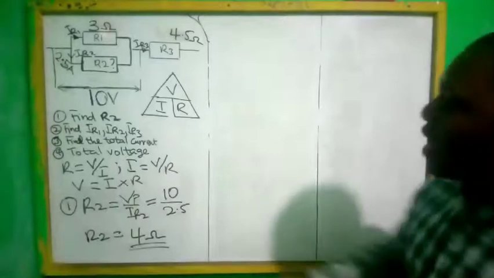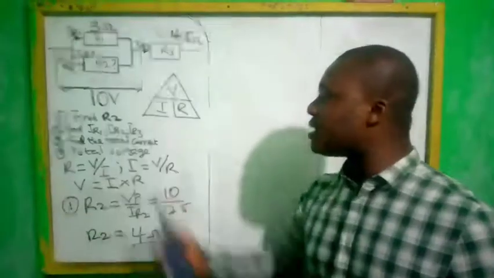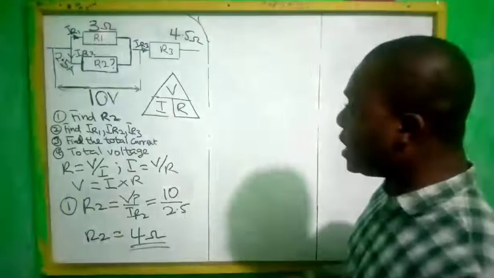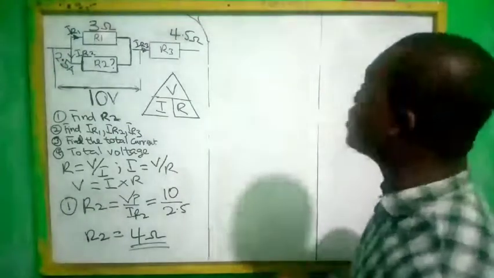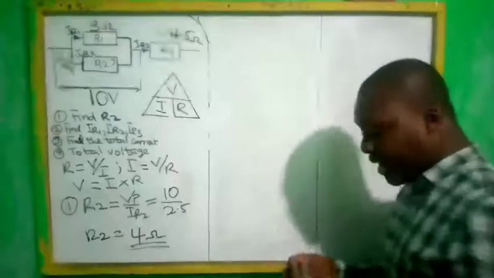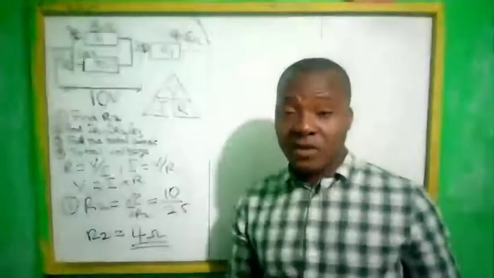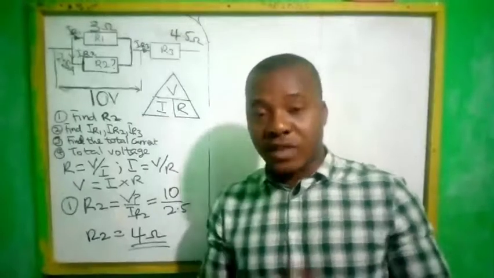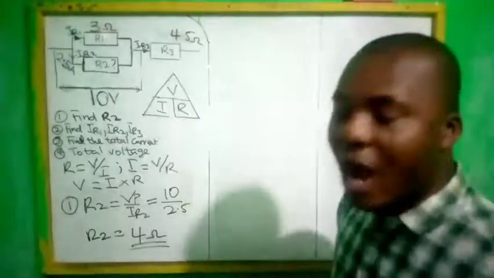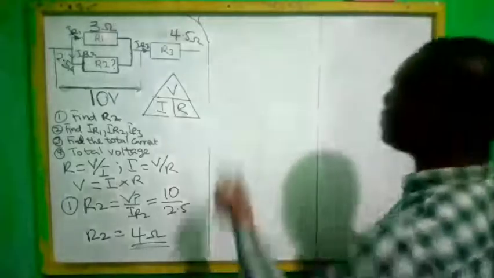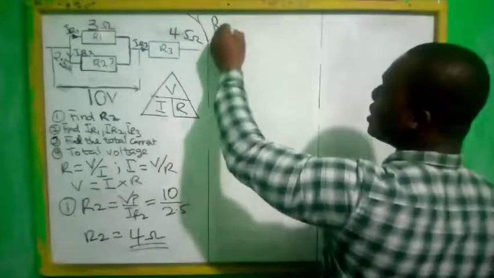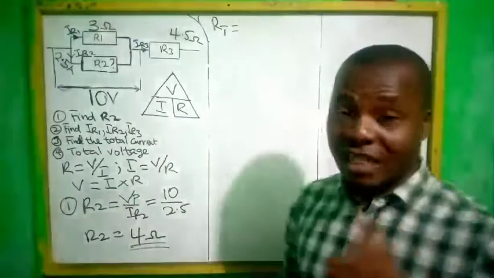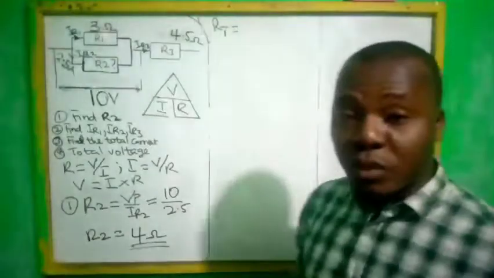Now we are asked to find the current in R1, R2 and R3. First of all, in the second stage, I want us to calculate the total resistance. Even though we are not asked to calculate it, at the end of the calculation we'll use that total resistance to check whether our answer is correct. We know in a parallel circuit, when two resistors are connected in parallel, you use the formula product over sum.